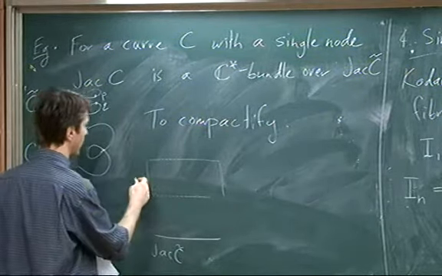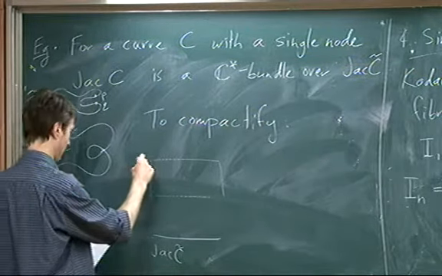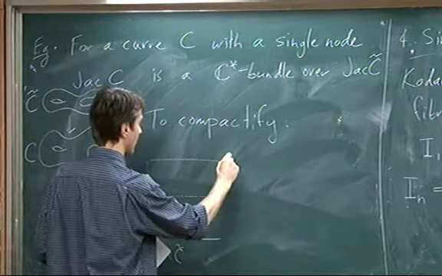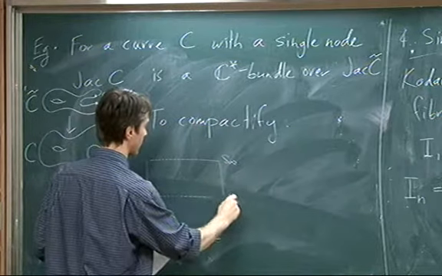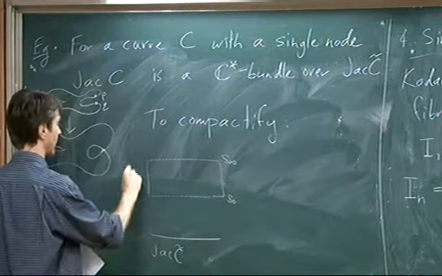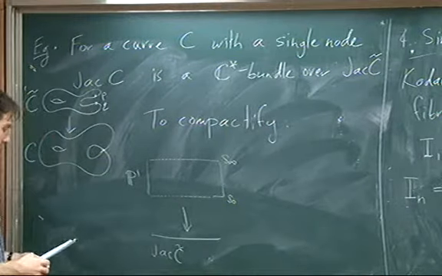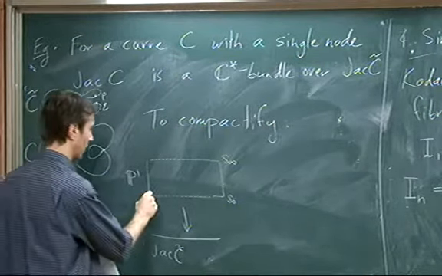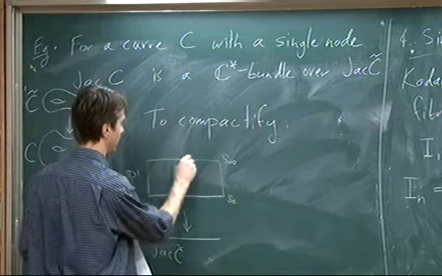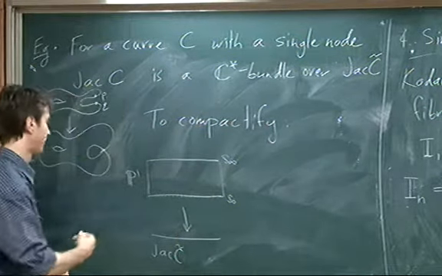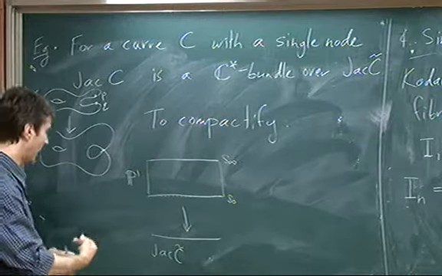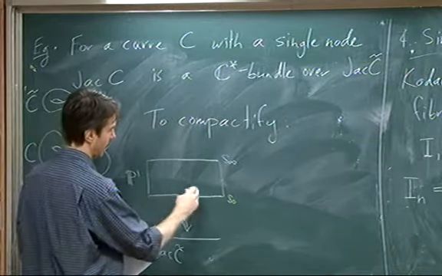And I can compactify that by adding an infinity section and a zero section. Okay, so now this becomes a P1 bundle over this. And then I glue the zero and infinity sections. But when I identify them, I translate as well.